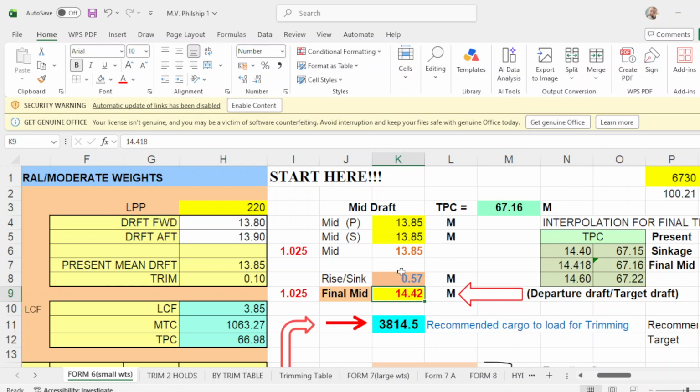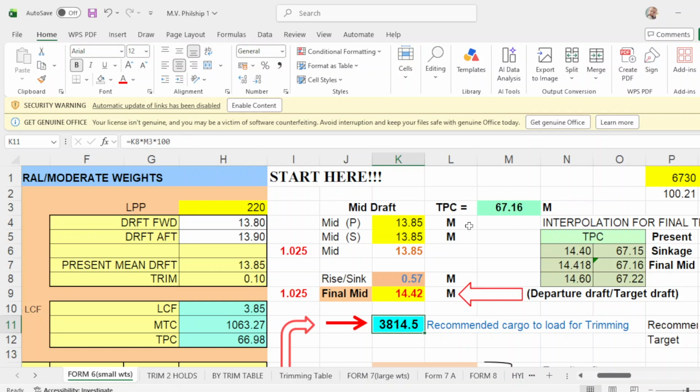So how much cargo are we going to load to reach this 14.18? The cargo to load should be 3814.5. If you click this one, that will be K8, that's K, row 8, which is your sinkage, times M3, that's M, row 3, which is your TPC, times 100.